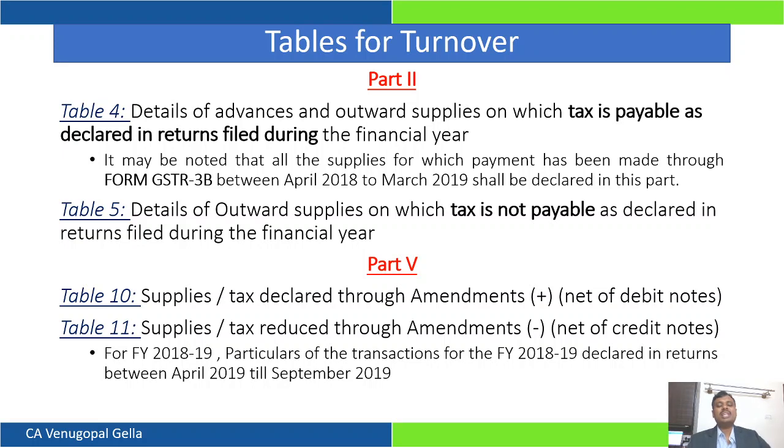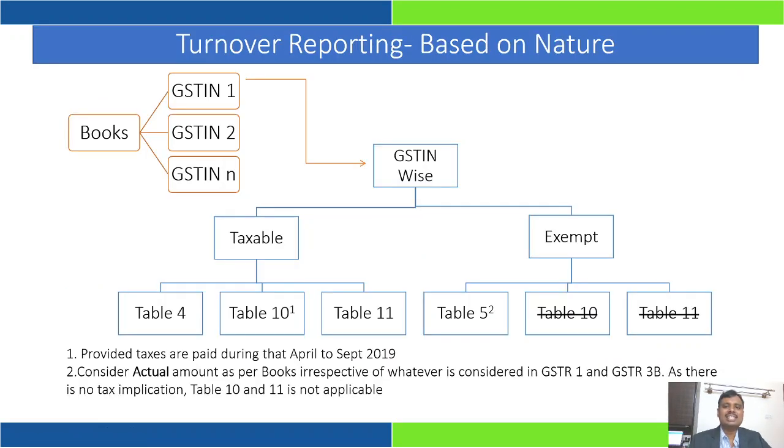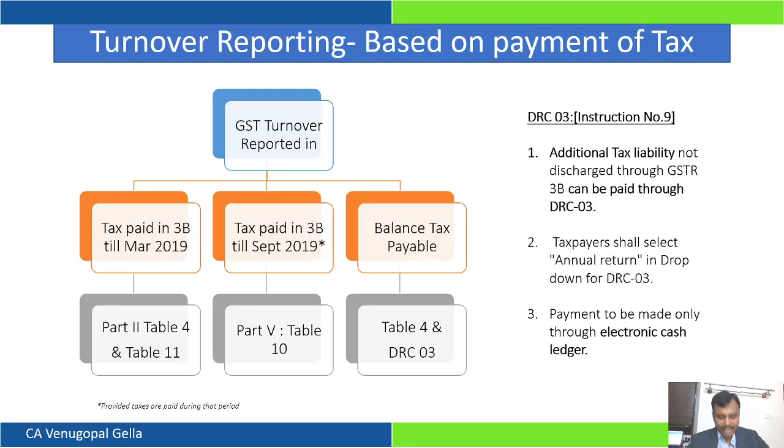So for which we need to identify when the taxes have been paid, right? So the just invoice turnover, I have to now segregate between table 4, 10 and 11 for taxable turnover, and exempt turnover, everything goes to table 5 alone. So to arrive at the taxes which have been paid, I would be looking at GSTR 3B. It may so happen that I have short paid the taxes.